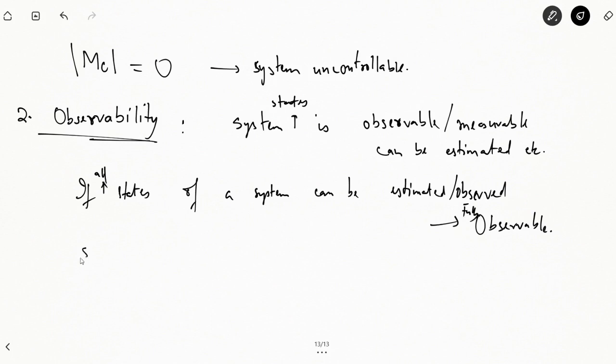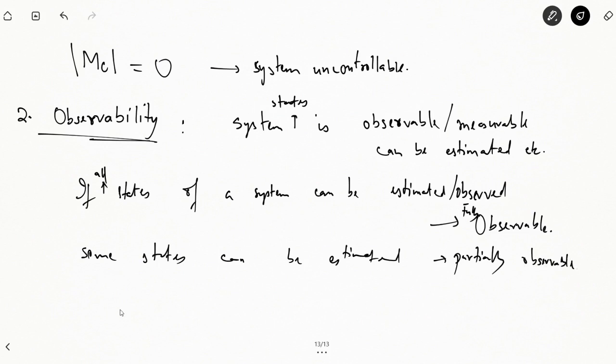If some states can be observed, can be estimated, then it will be known as partially observable. If none of the states can be estimated, then it will be known as a non-observable or an unobservable system.